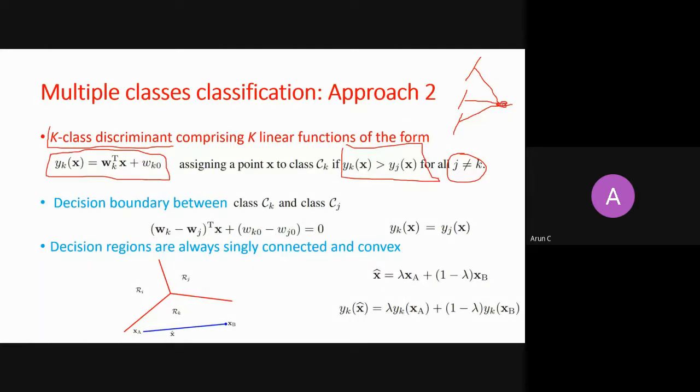Because the perpendicular distance is highest for C1, my Y1 is higher than Y2 and Y3, so you classify this X as C1, as it belongs to C1, right? So you feed this X to every hyperplane and find a number. Then you pick the biggest number, and whichever class corresponds to the largest number, you classify X to that hyperplane.